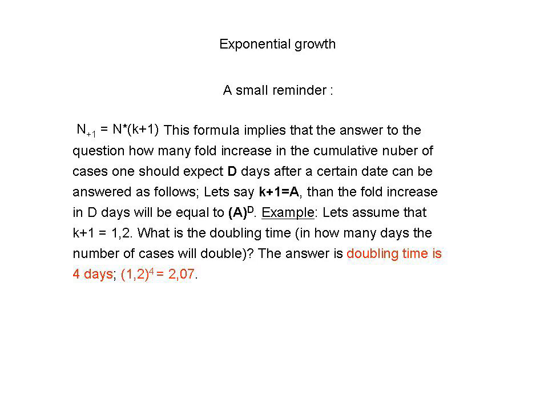And the important thing is, it doesn't matter which day you start. Whatever day you start, if k plus 1 is a constant, 4 days later the number of cases will double. So 4 days is called the doubling time of this growth.